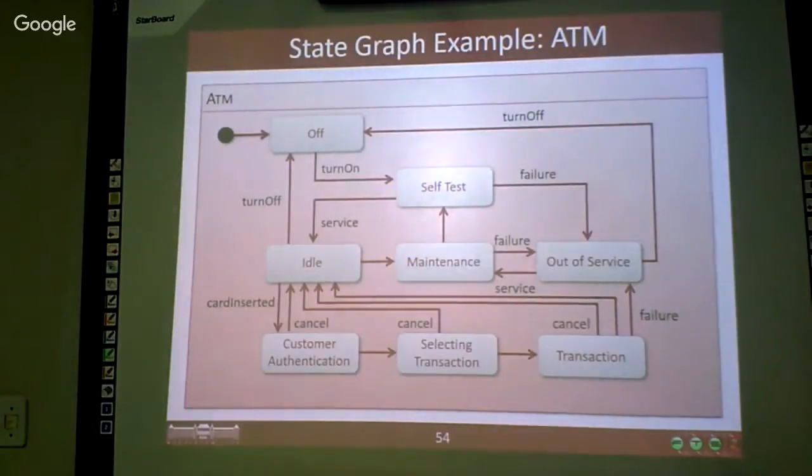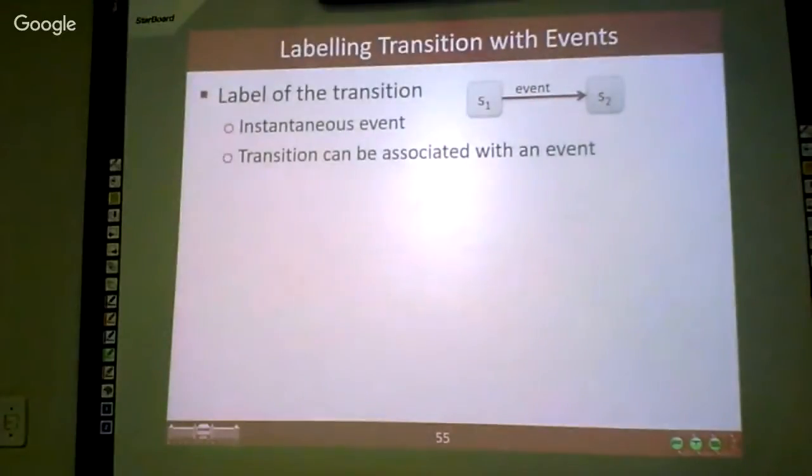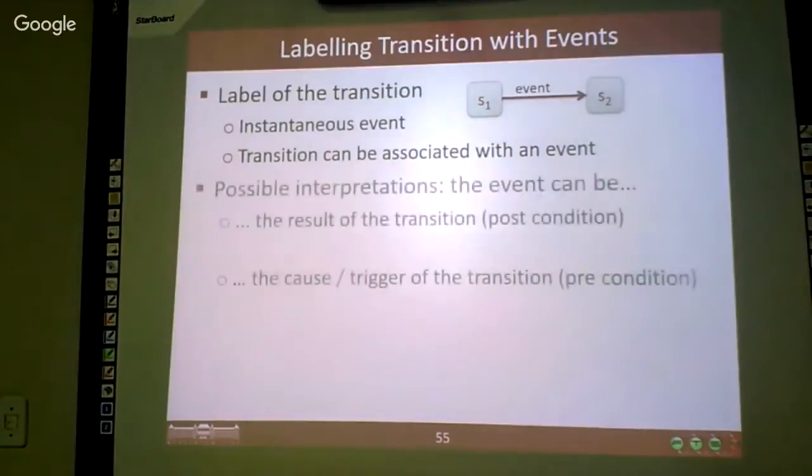What you can see is that we have labels on the transitions, and actually these are events of our system. They are instantaneous events, and a transition can be associated with an event. And possible interpretations: the event can be the result of the transition.